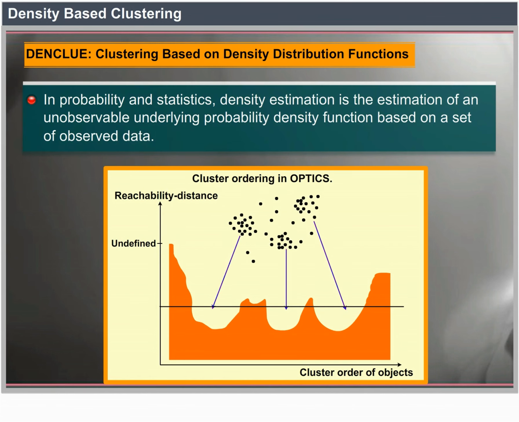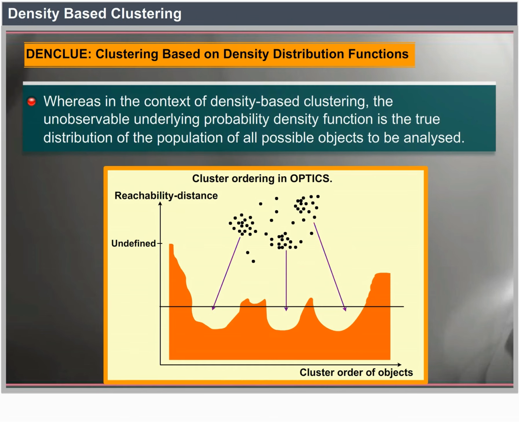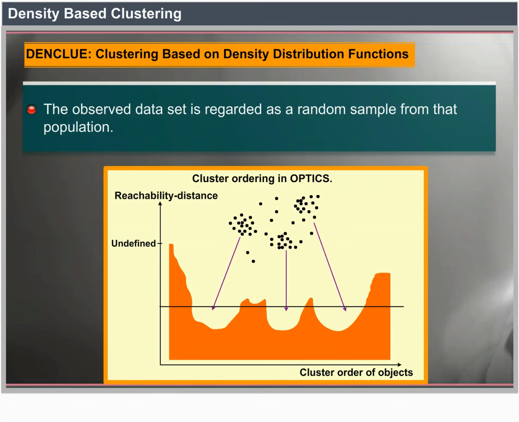In probability and statistics, density estimation is the estimation of an unobservable underlying probability density function based on a set of observed data. In the context of density-based clustering, the unobservable underlying probability density function is the true distribution of the population of all possible objects to be analyzed. The observed data set is regarded as a random sample from that population.